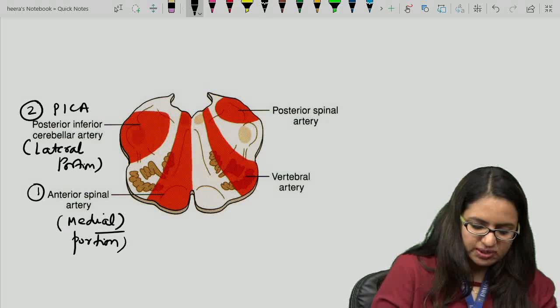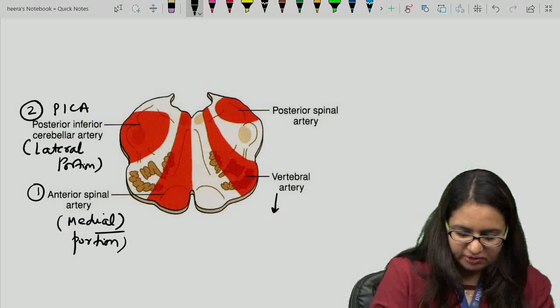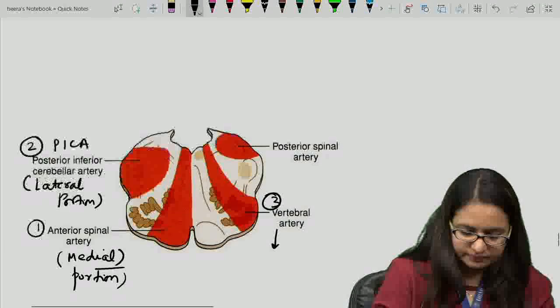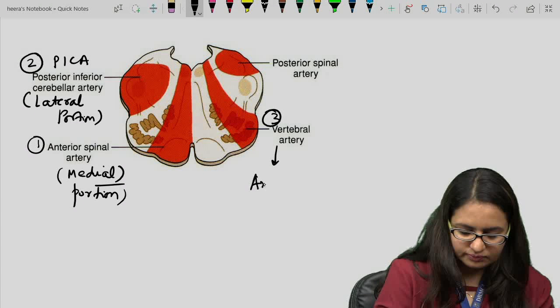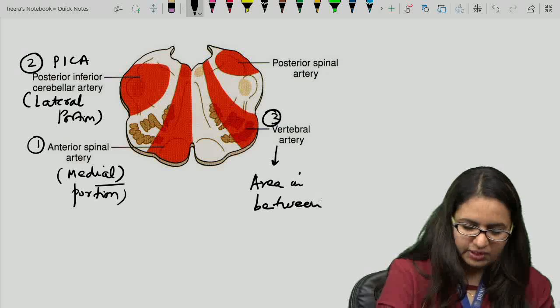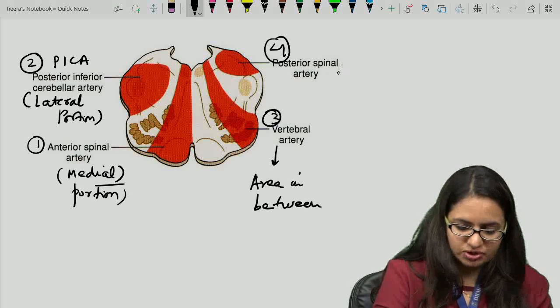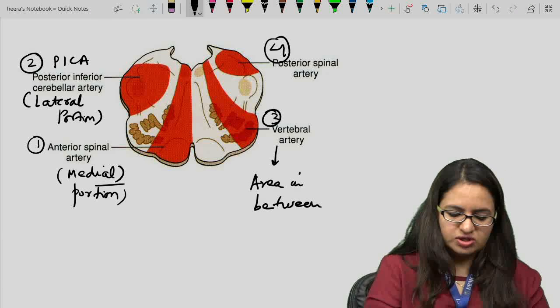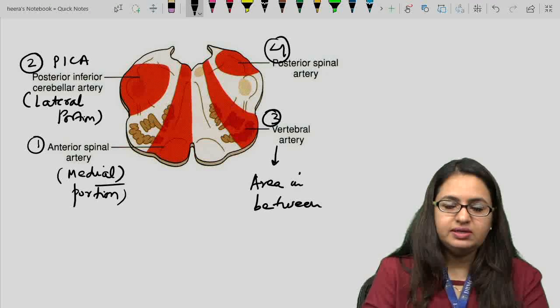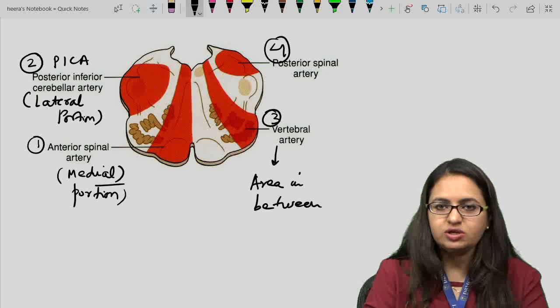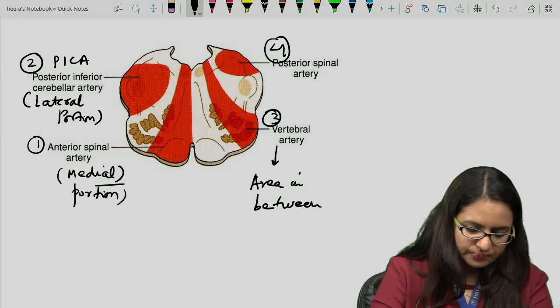The portion in between these two is supplied by the vertebral artery. And some area is also supplied by the posterior spinal artery towards the most posterior side. So these are the main arteries which are supplying the medulla, and along with that, some contribution is from the basilar artery also.